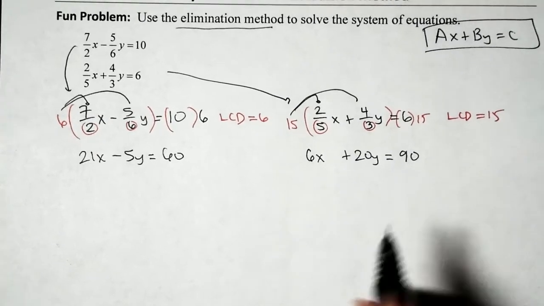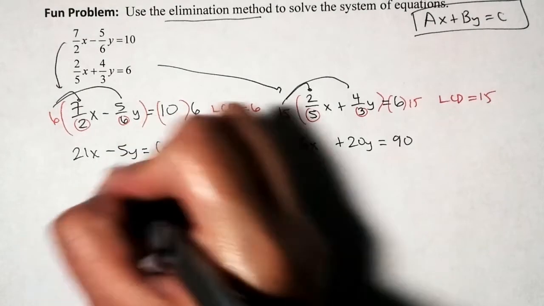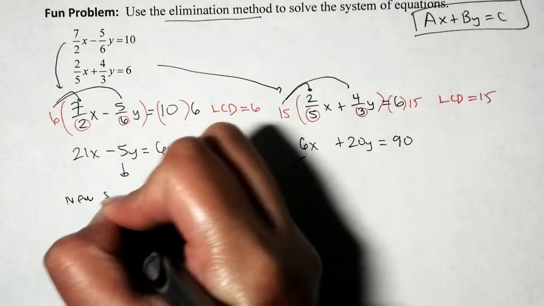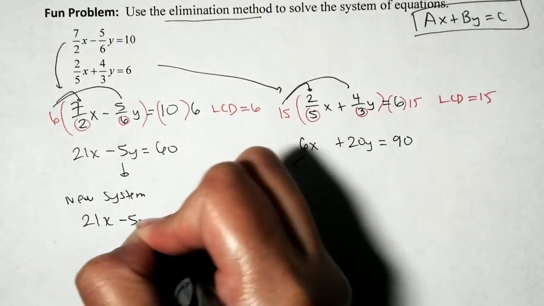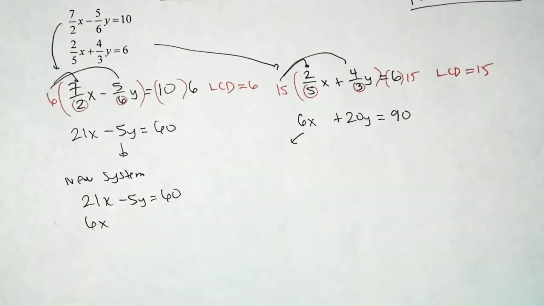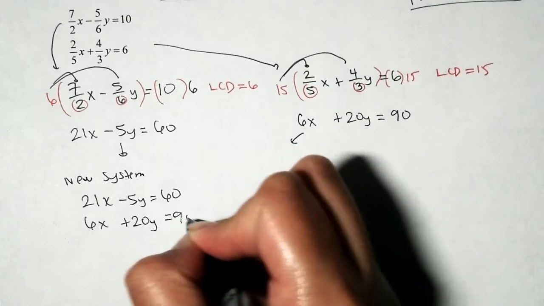Now both of these equations are in standard form. Let's join them to create our new system: 21x minus 5y equals 60, and 6x plus 20y is equal to 90.